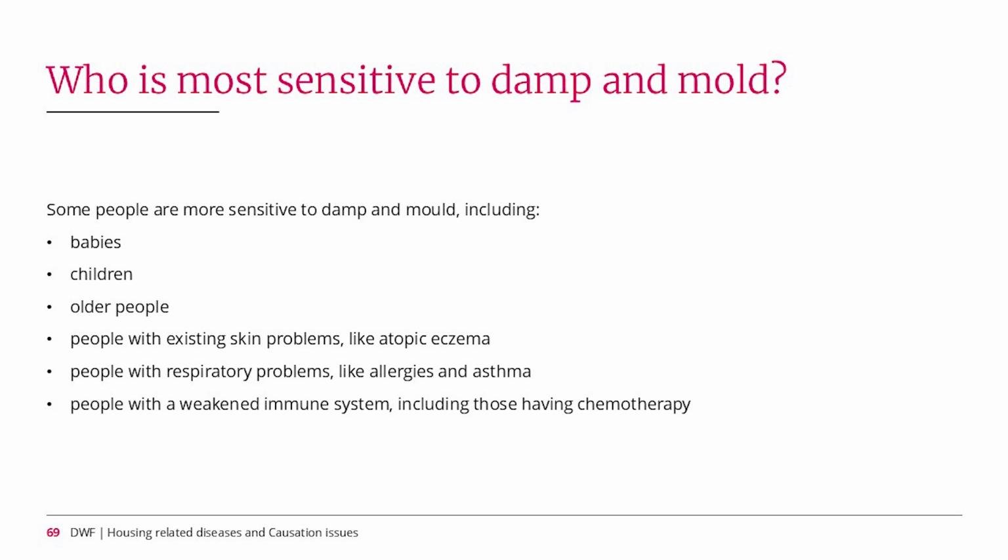When looking at causation, it's also good to look at who is most sensitive to the conditions, who is susceptible, and it's really very young people, very old people, and people with pre-existing problems.